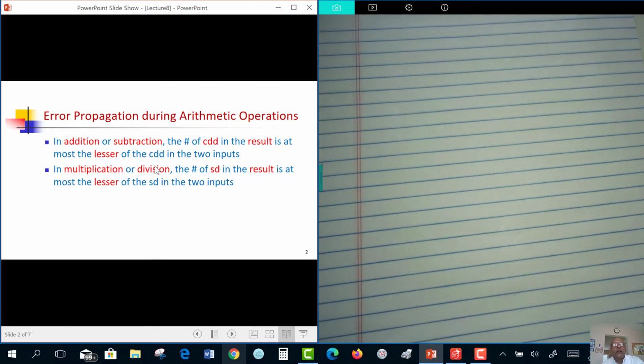When we are multiplying or dividing, we essentially preserve the number of significant digits. So if we have two numbers that we are multiplying or dividing one by, then our result will have whichever one has lesser precision in terms of significant digits.